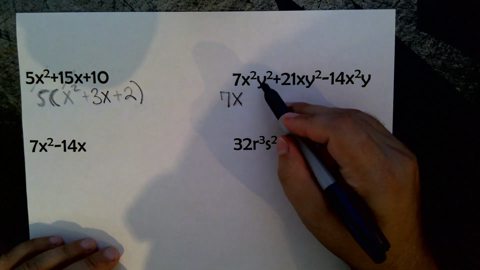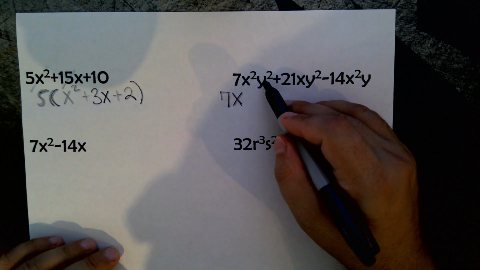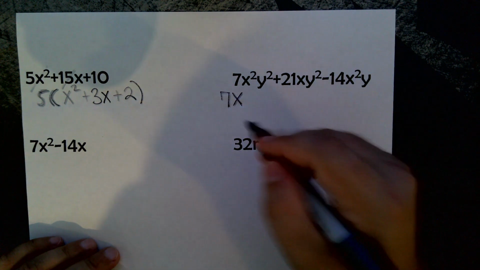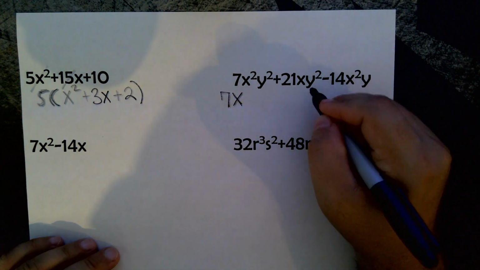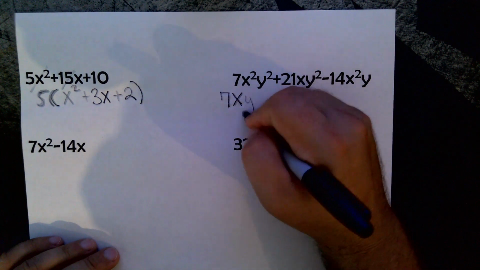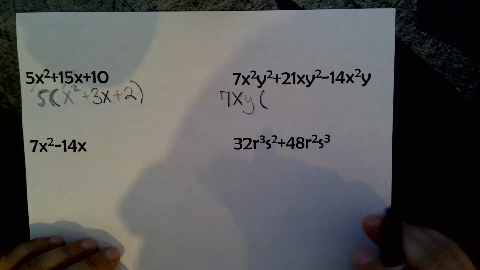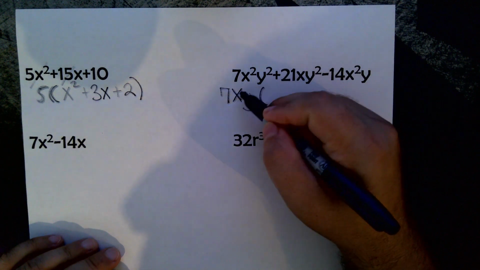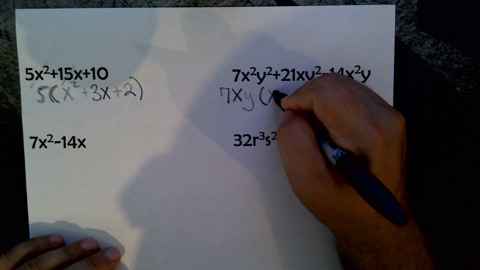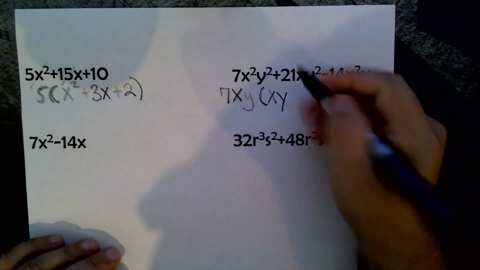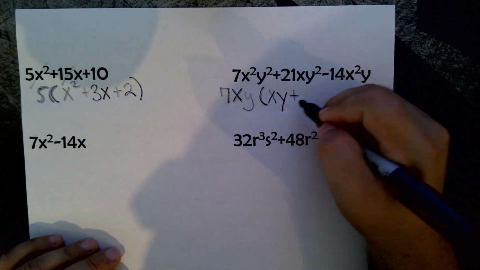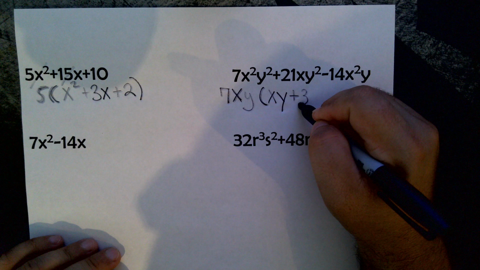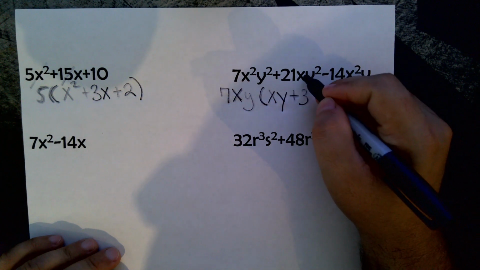And can we pull a y squared out of all three? Well, we can pull it out of the first term and the second term, but not the third term. So we can only pull out a single y since all three have that in common. So what do we have left once we factor out the 7xy? Well, the 7's gone. We took one of the x's away, one of the y's away, plus 21 divided by 7 is 3. We took one of the x's away, so no more x's.